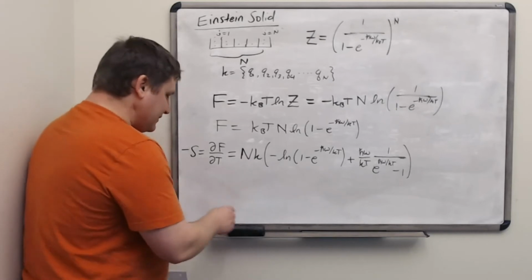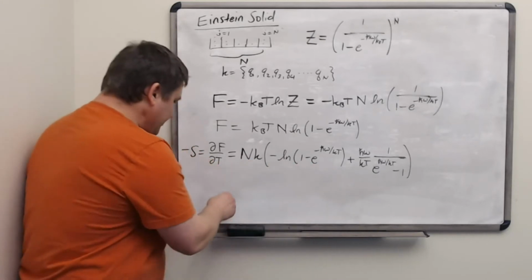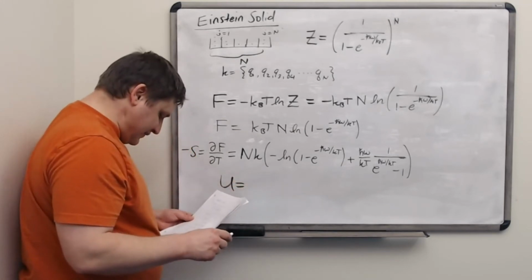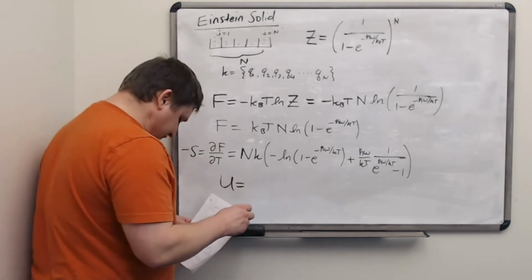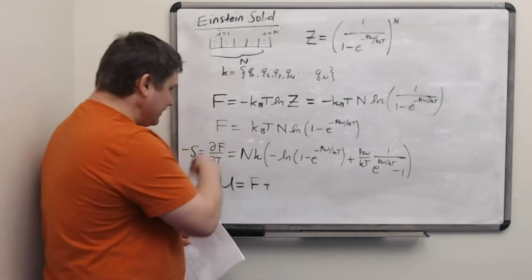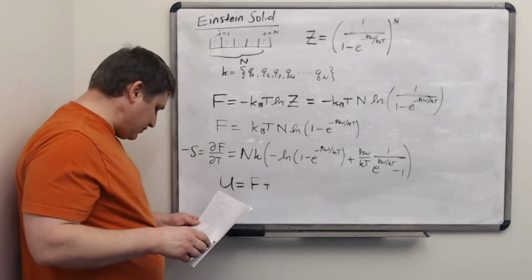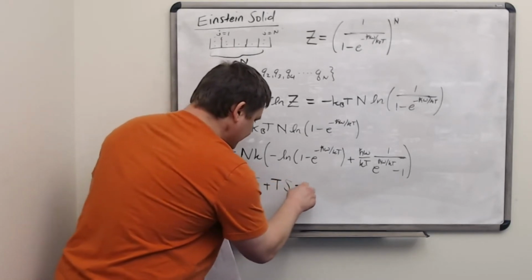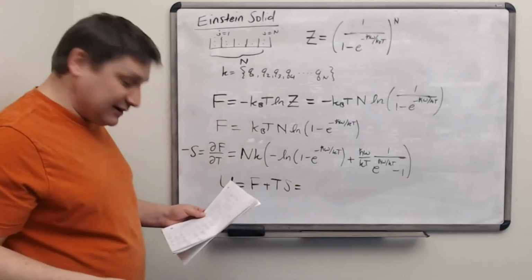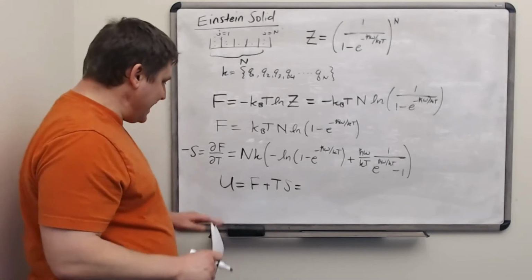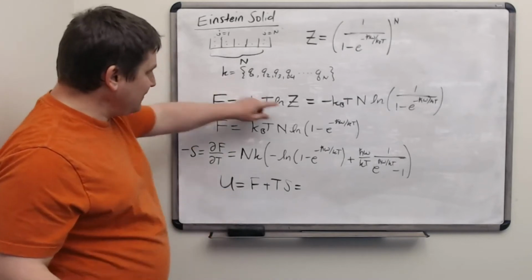And this might not look so familiar to you either, but hopefully we can get to a more familiar expression. If we take this model and try to get its formula for internal energy, we would take F plus Ts. Right, do that transformation in reverse. And if you add these together, here's F right up here.